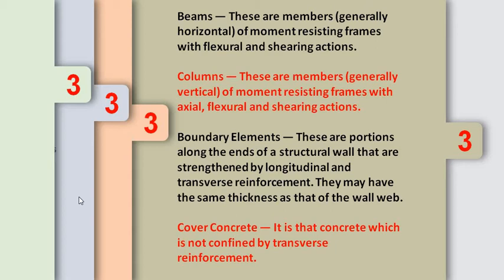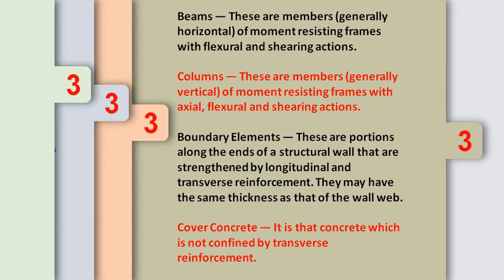Then we move to the columns. These are the members of moment resisting frames with axial, flexure and shearing action. Then boundary elements. These are portions along the ends of a structural wall that are strengthened by longitudinal and transverse reinforcement. They may have the same thickness as that of the wall web.